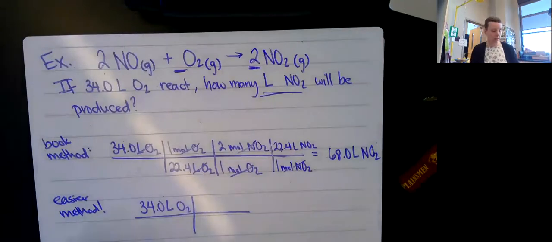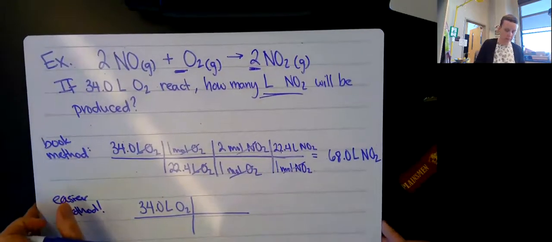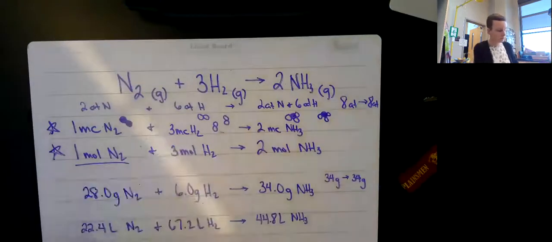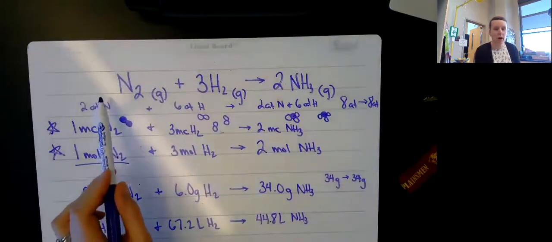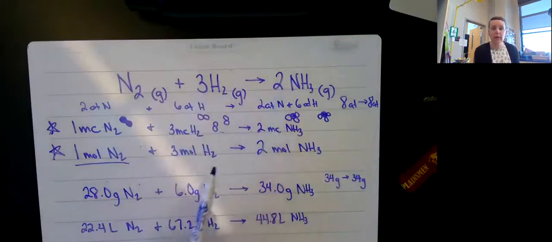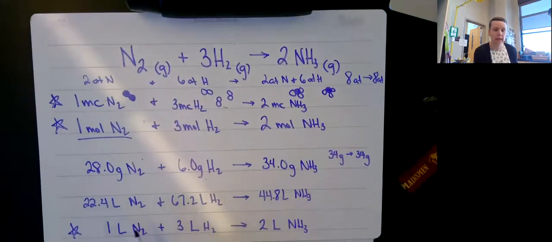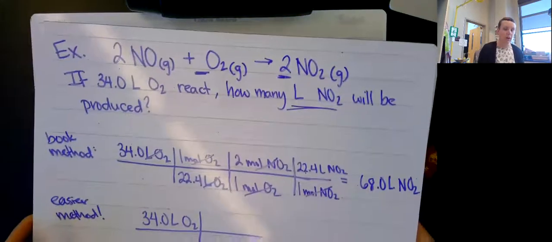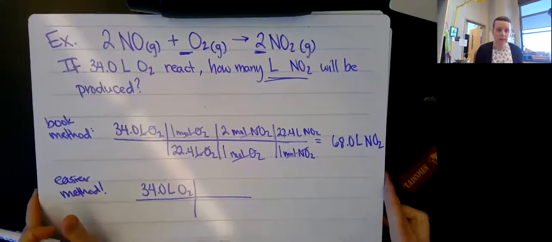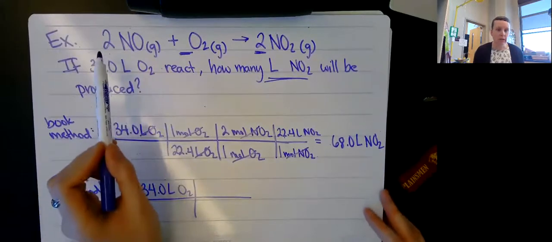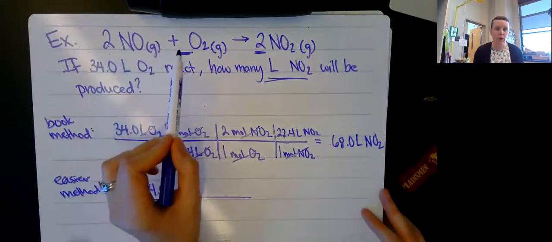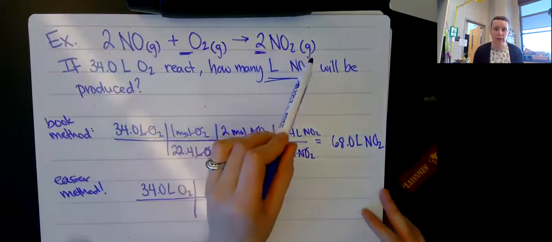Remember, let me go back here, that these numbers, 1, 3, 2, they can represent molecules, they can represent moles, they can represent liters, okay? Right here, if they're gases, they can represent liters. So when we do this problem and everything is gases, I can assume these are liters. 2 liters of NO will react with 1 liter of oxygen to make 2 liters of NO2.